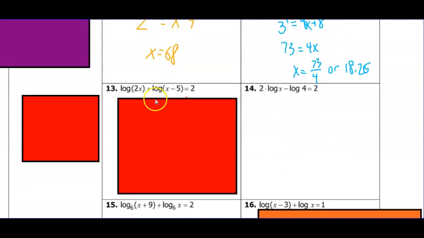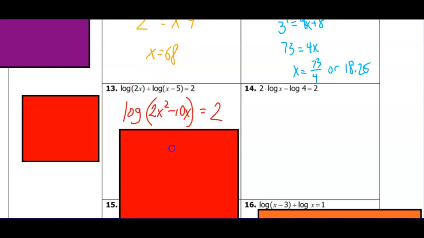All right, so this next one, if I'm going to do this log equals a number and use the exponent concept, I do have to condense these two logs on the left. Because it's a plus, it's a product. 2x times x minus 5 is going to be 2x squared minus 10x. But it's still a log because the condensing says condense the sum into a product of inputs.